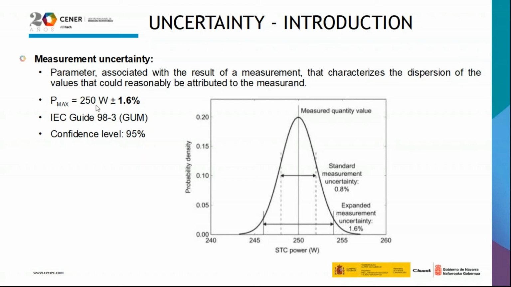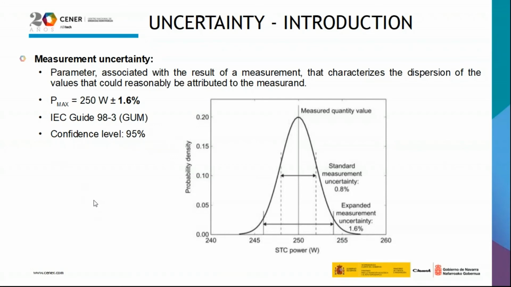For example, the maximum power of a module is 250 watt, plus minus 1.6%. This is the uncertainty. This means that the most probable value is 250, but the real value will be in this range of plus minus 1.6% in this example. This means that in this range, there is a 95% probability that the real value is.